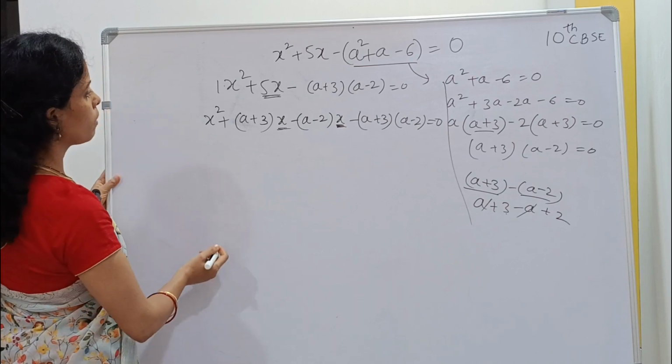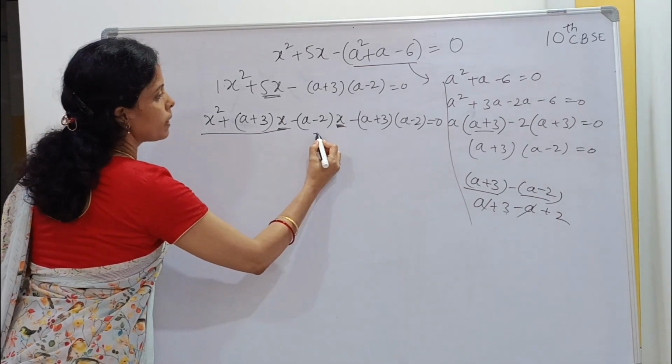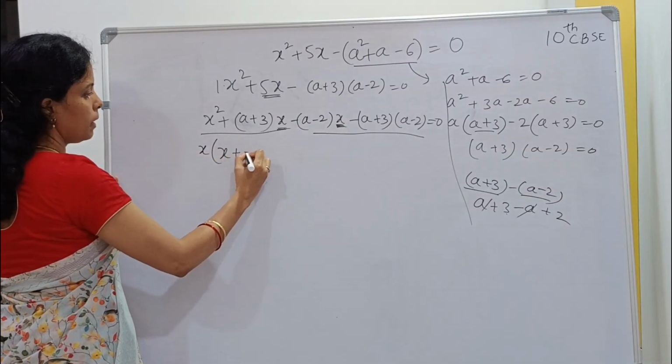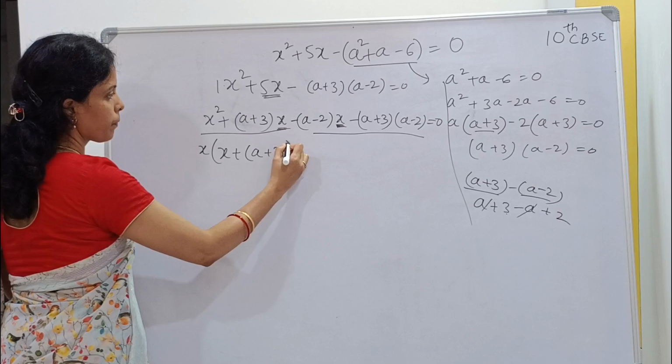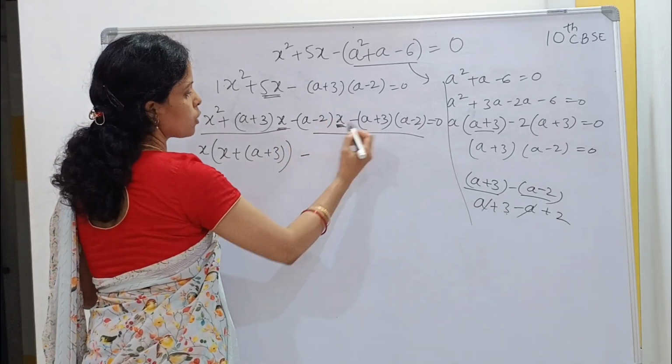And now, in these two terms, let's split the terms. So we have x as common: x plus a plus 3. Minus, okay, here in these two terms we have a minus 2 as common.